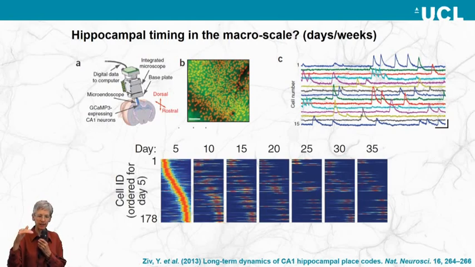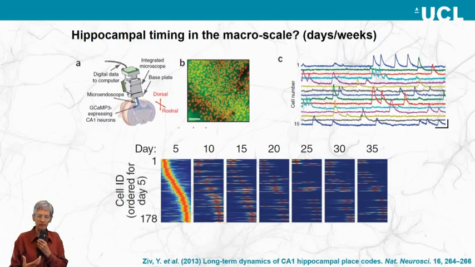So you can see that the heat plot shows this rightwards progression because it's been aligned that way by hand. But if you look at the subsequent days 10, 15, 20 and so on, you can see a ghost of that same diagonal stripe. That's from cells that have maintained the same place field even after all of those days.